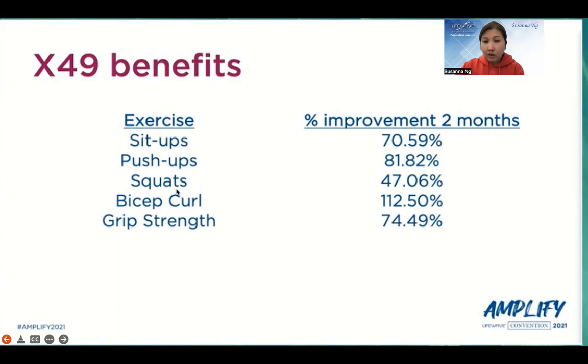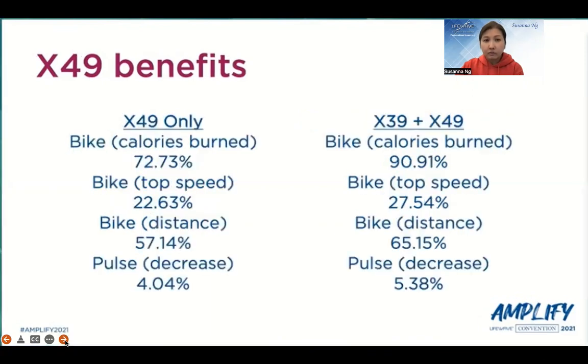For the squat, it increased 47.06%. For the biceps scoop, they increased 112.5%. And the grip strength increased 74.49%. So this is a really significant change and improvement just within 2 months.